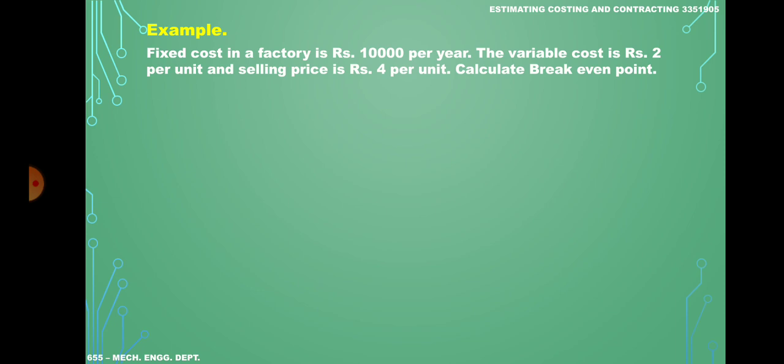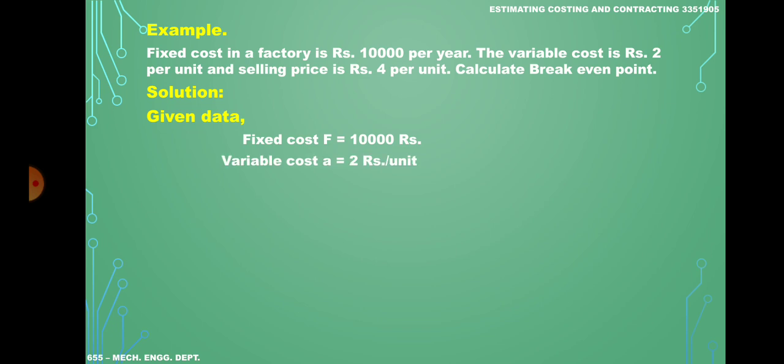Start with the solution. What we have is represented by the given data. First, fixed cost F equals 10,000 rupees. Variable cost A is rupees 2 per unit. Selling price B is rupees 4 per unit. And what we have to find out is the break-even quantity Q.